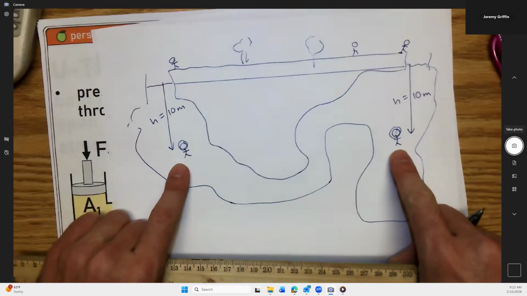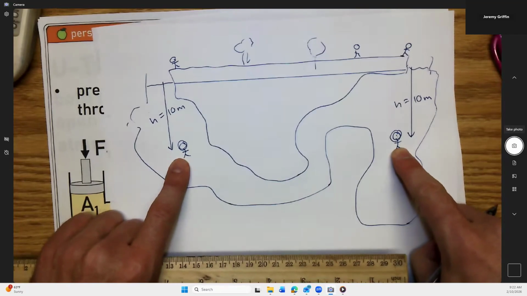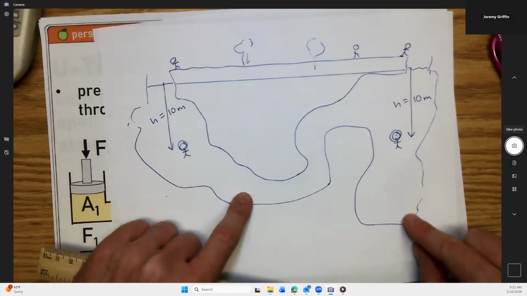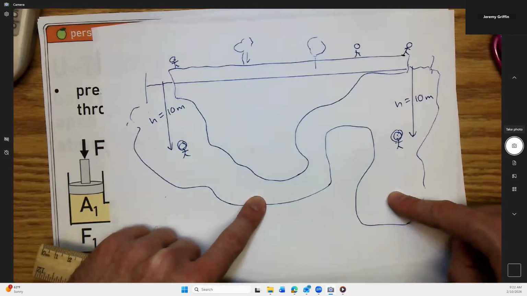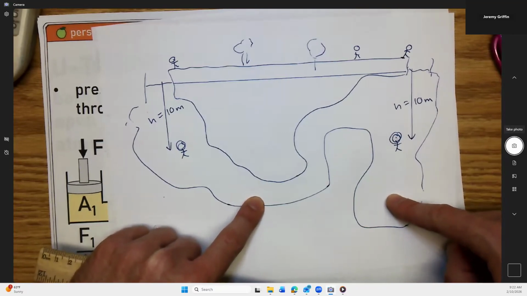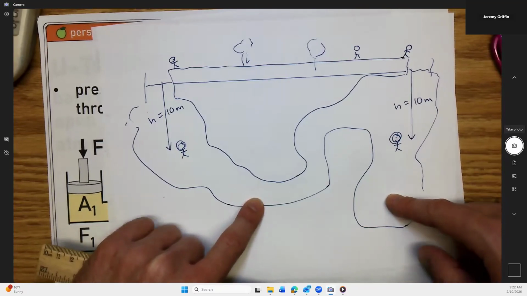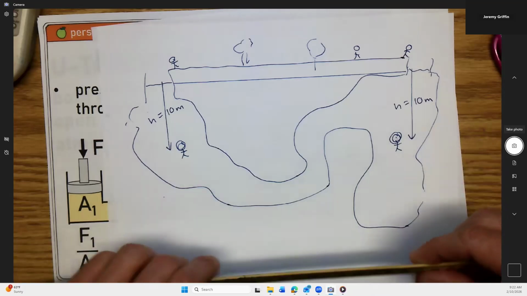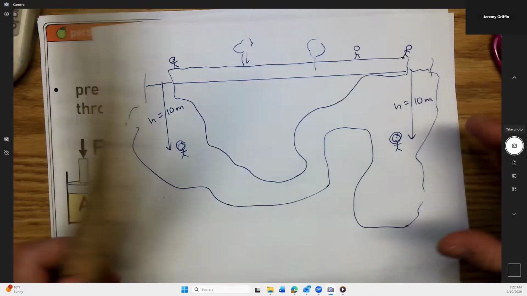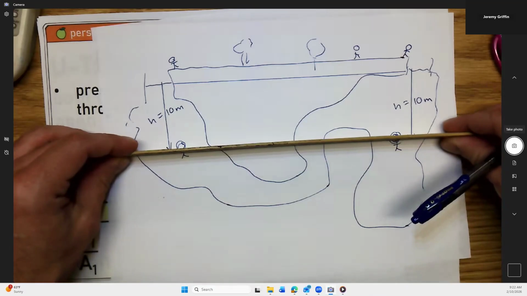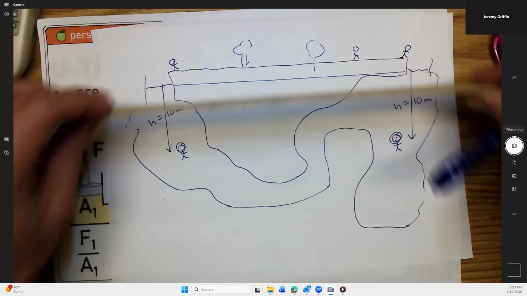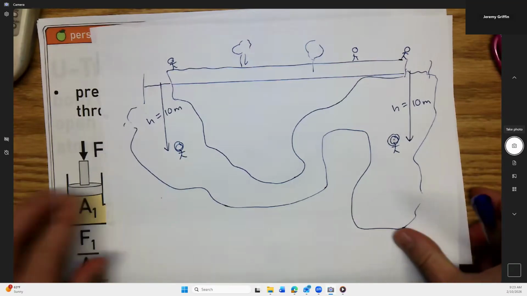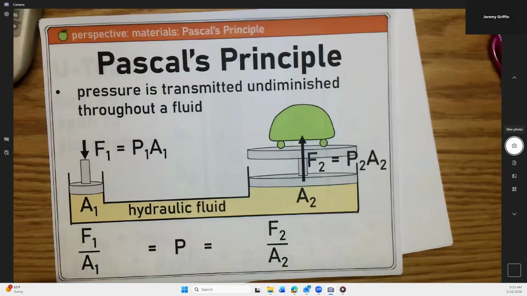Is the pressure the same here as it is here? Yeah, so equal. Are there always going to be equal pressures at equal depths? As long as the water is not flowing, that'll be true. If it's just stagnant water, then equal depths means equal pressures, and the water level has to be the same everywhere on top. That's all embedded in Pascal's principle.